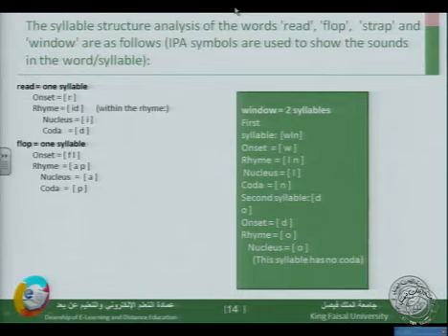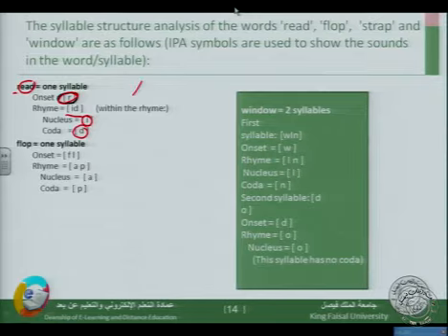The onset is the beginning sound of the syllable, which was R. The rhyme is ead, within the rhyme the nucleus is E and the coda is D.